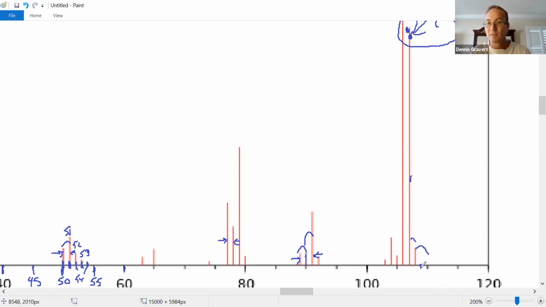I think there's a little tick mark right here. So let's check and see. Maybe we'll go over here a little more accurately. This is 100. So this number should be 105. And this one is 110 because this one's 115 and this one's 120. Good. And then this is 1 mass unit. So this is 106 and this is 107.